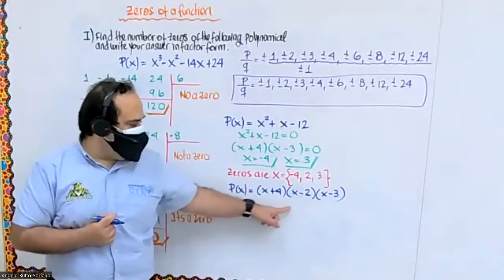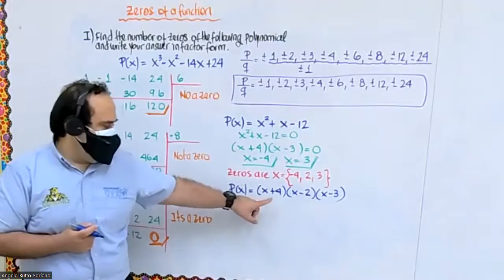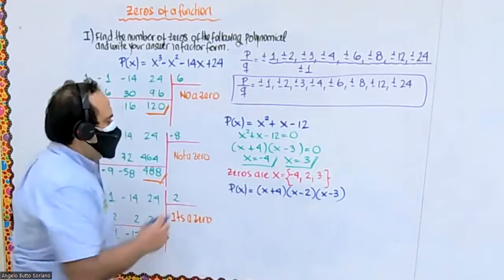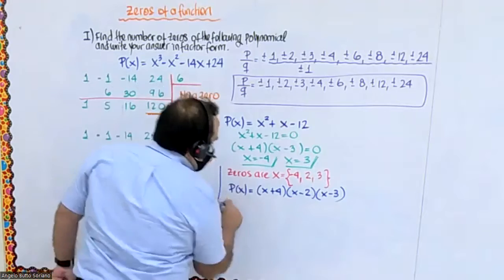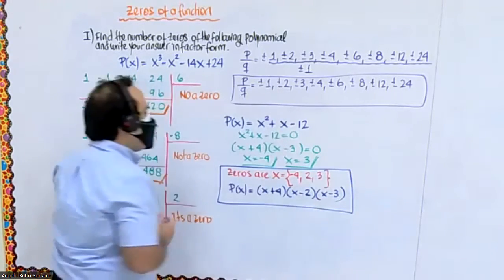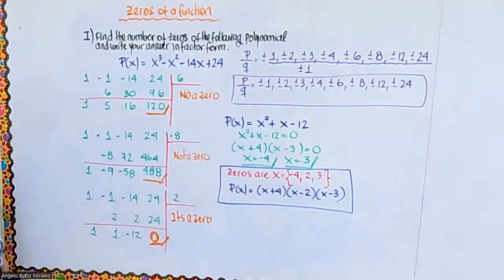Because if each one equals 0, the answers will be negative 4, positive 2, and positive 3. Determine the zeros of the function and establish the factored form.